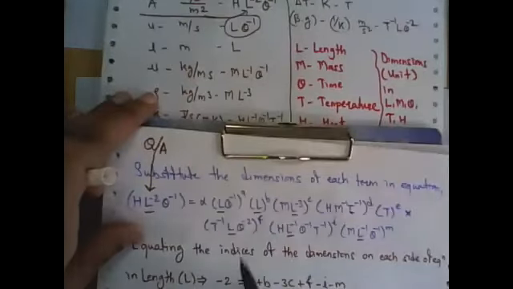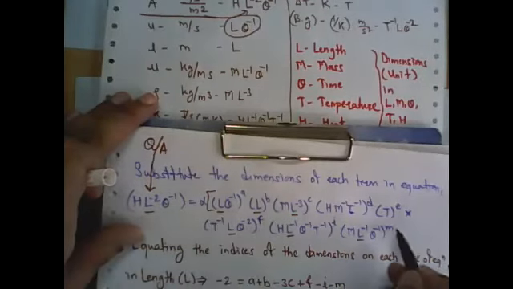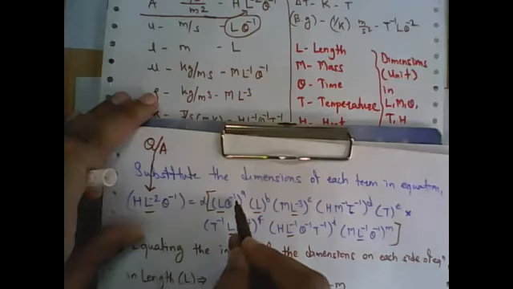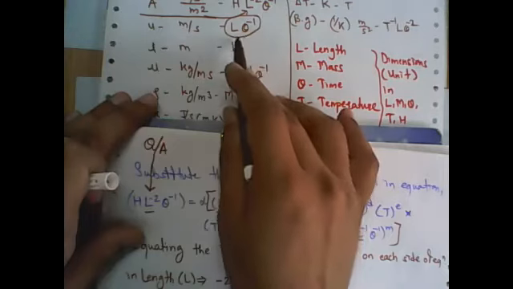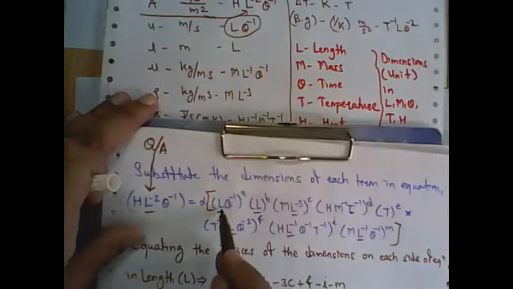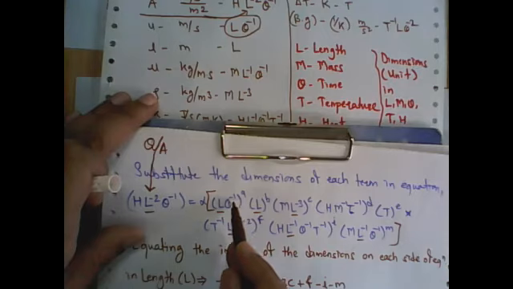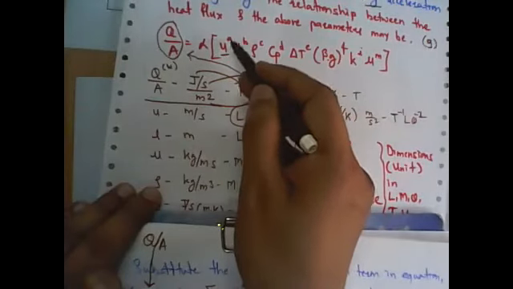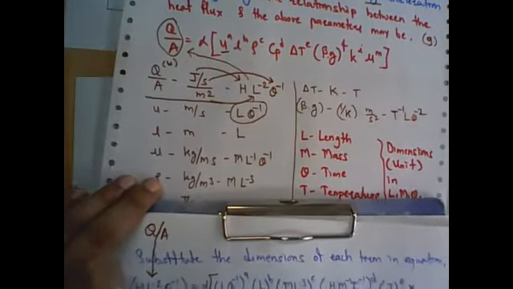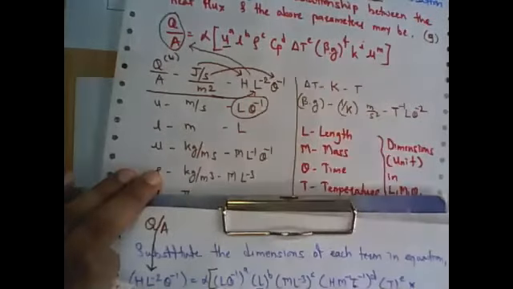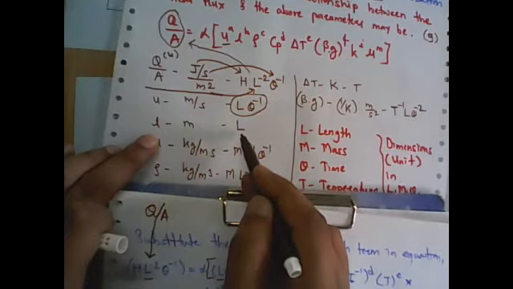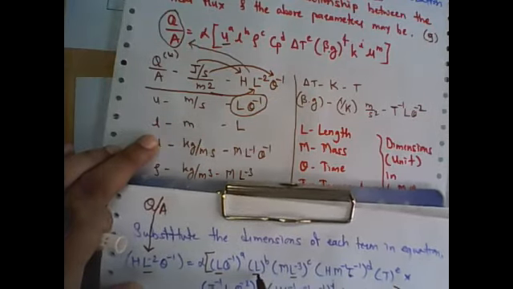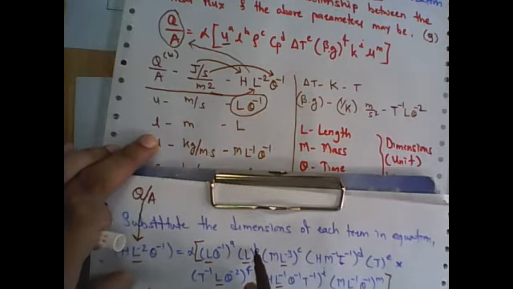So I have written here L into theta raised to minus 1, bracket raised to a, because in the equation it is given as U raised to a, right? Then for L, it is L raised to b, where this small l is capital L, so this is capital L raised to b.